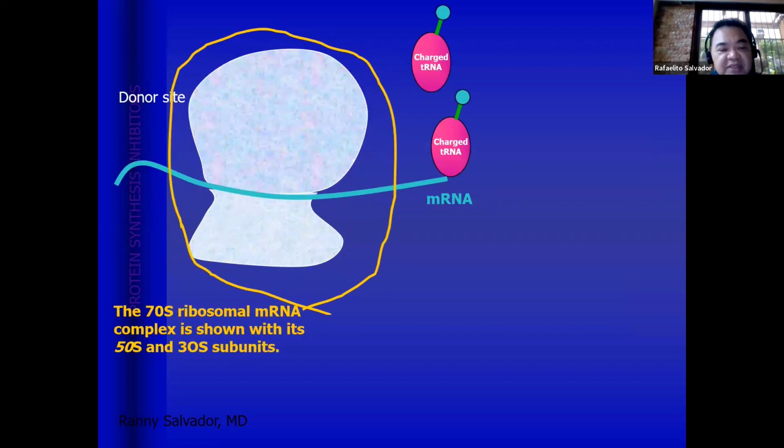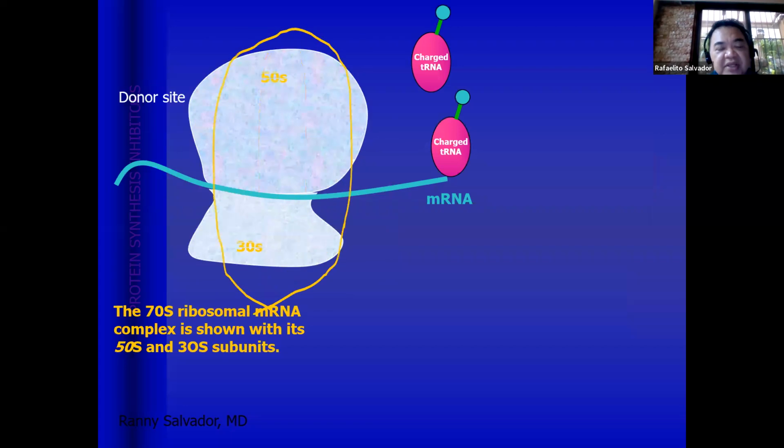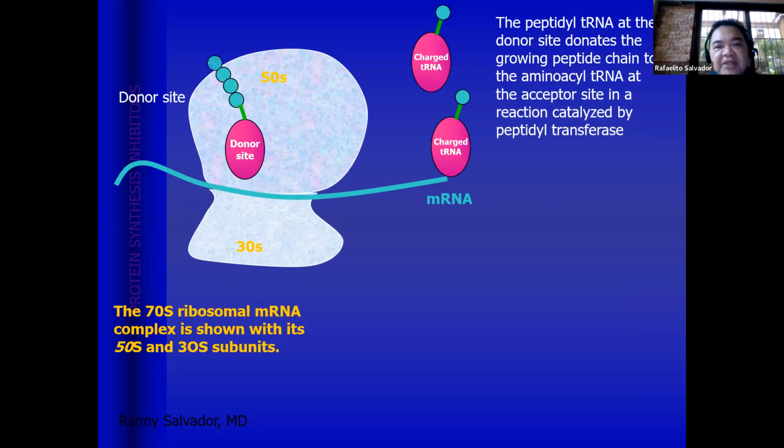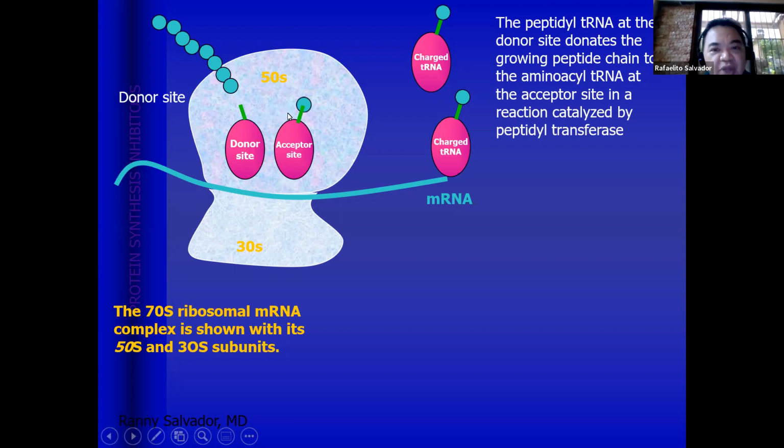So if this is the 70S ribosome, we have the 50S and 30S subunits. In the 50S, we have the donor site. The peptidyl tRNA at the donor site donates the growing peptide chain to the amino acid tRNA at the acceptor site in a reaction catalyzed by peptidyl transferase. After that, the amino acid goes to the acceptor site.